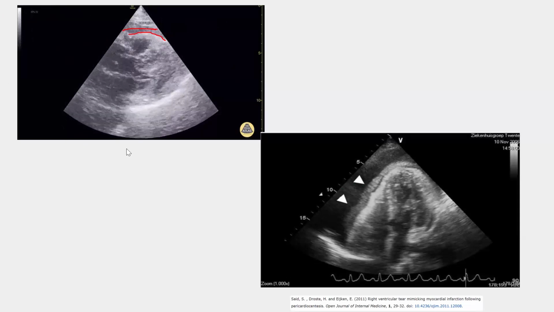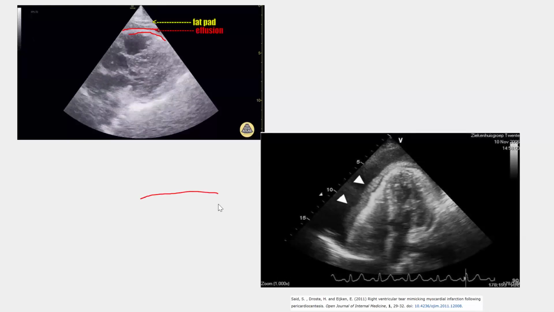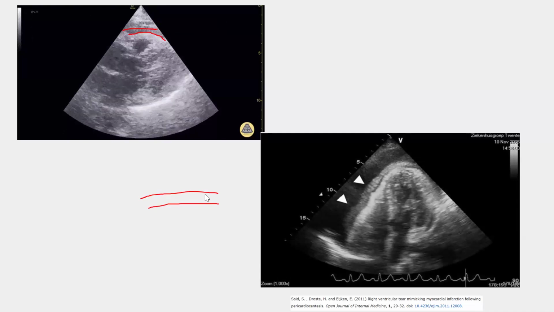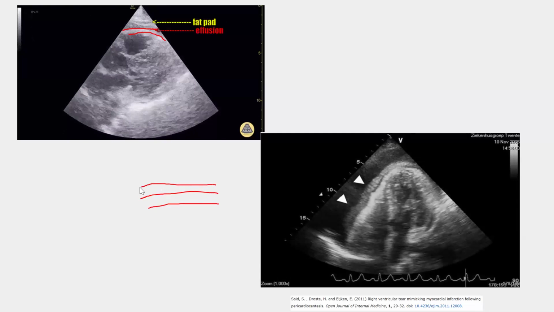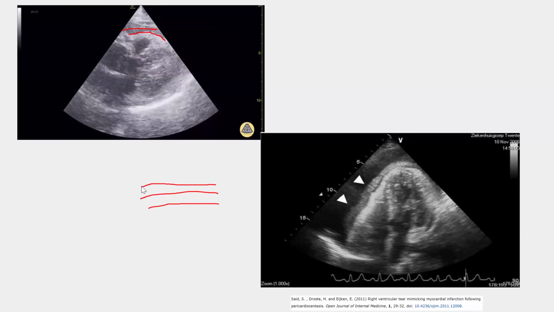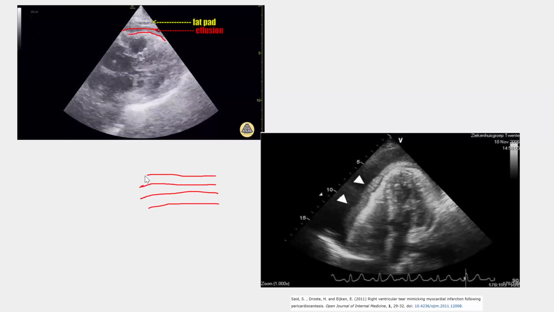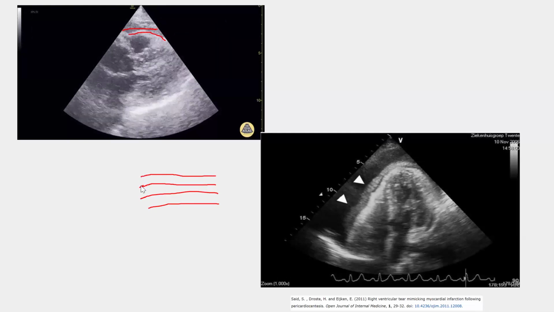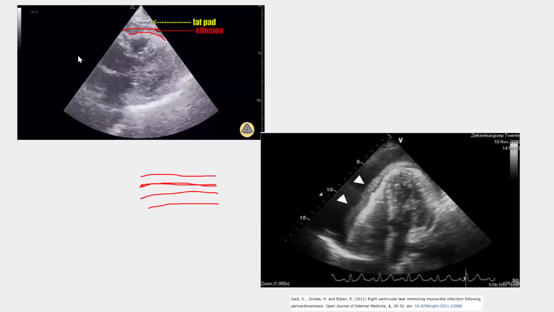So if you take the wall this way, immediately above it is epicardial fat, okay? And above the epicardial fat you're going to find the pericardial fat, and this is going to be the parietal pericardium, okay?